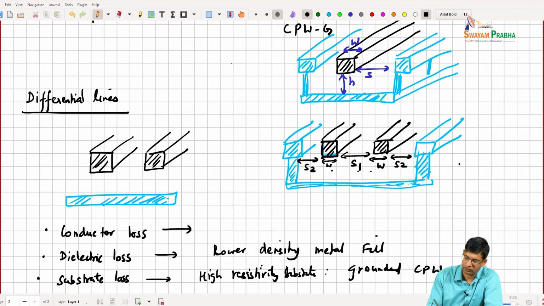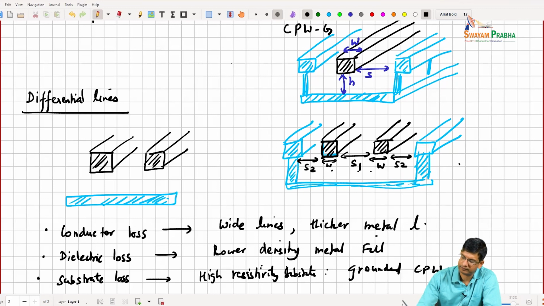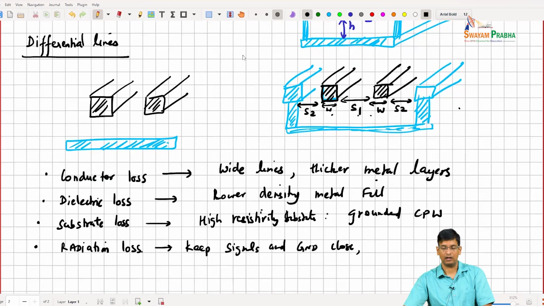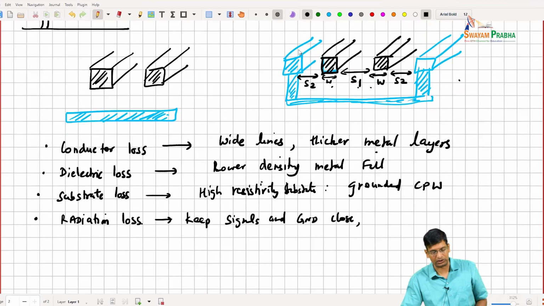And then to reduce your conductor losses, use wide lines, and also thicker metal layers, right?